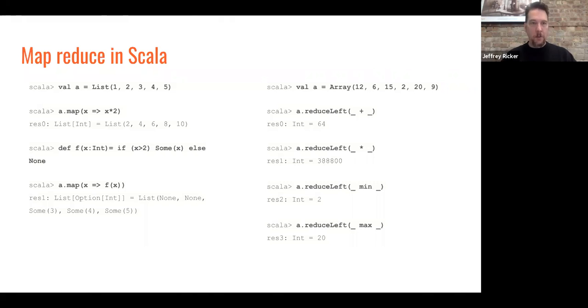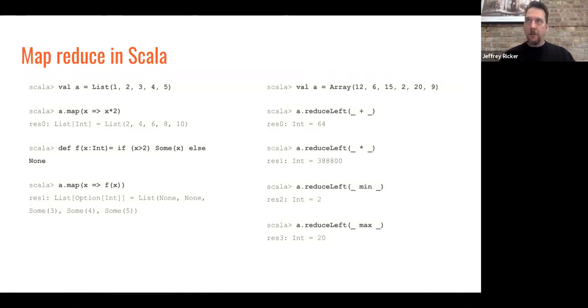Every list object, every sequence object, every array object in Scala has the map function built in. On this first column, I create a list of integers, and then I can just apply a method to it.